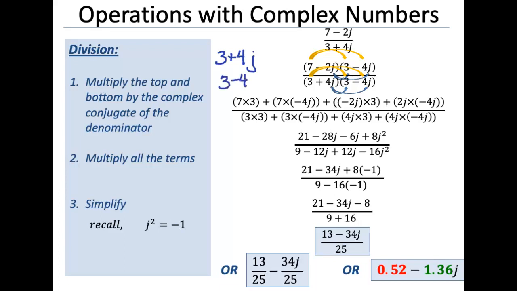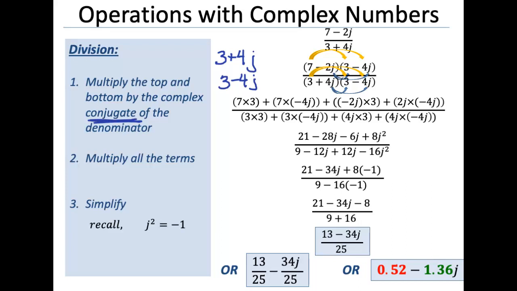Notice that we're taking the opposite here in the center, but we're not taking the opposite of the first term, the real part. So if it's a plus bj, then the conjugate is going to be a minus bj. So what we do is multiply both the top and bottom by the conjugate.